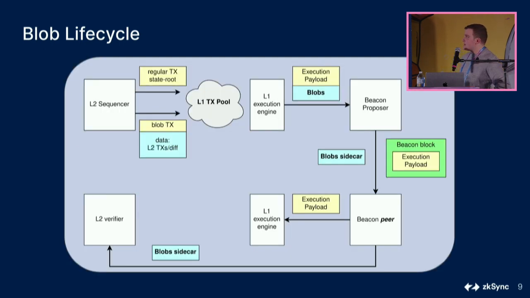And so this is another diagram going through the lifecycle. I think it actually does a better job explaining how things get split up. As you can see on the top right, once the execution payload and the blobs reach the beacon proposer, they get split up into the sidecar, which is the KZG commitment, the blob, and the proof that the KZG commitment references the blob, and then the execution payload, which is everything, including the hash of these commitments, which we'll go into a little later.